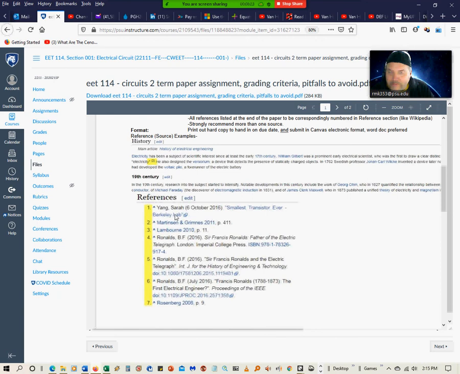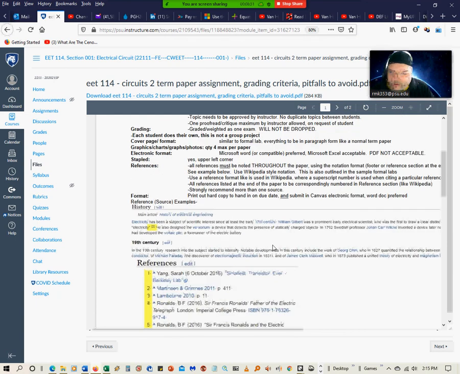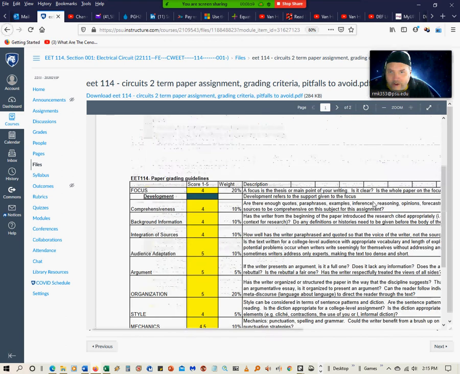You have a reference section listed at the very end of the paper that's required, and you need to reference throughout the paper where you get your information. And send me the electronic copy on the due date or before the due date. Submit in Canvas electronic format, Word doc preferred.